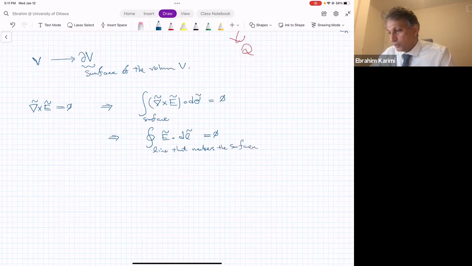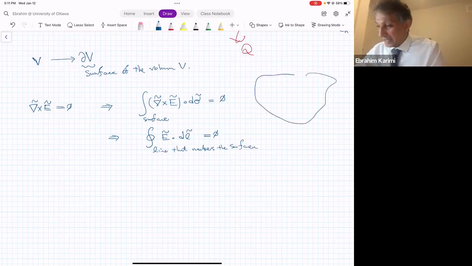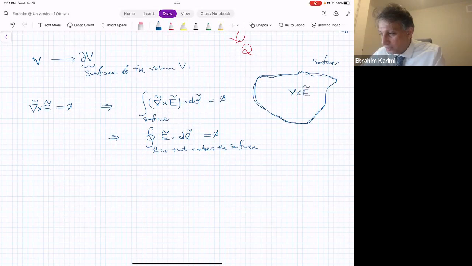So essentially, I have a surface which is made of lines here. I calculate the curl of E for this surface. It is not a volume, it is a surface.